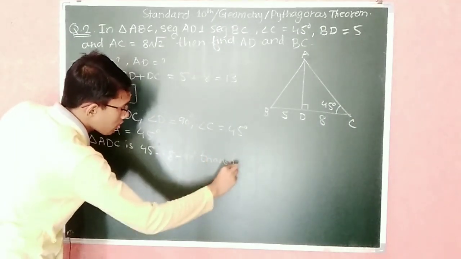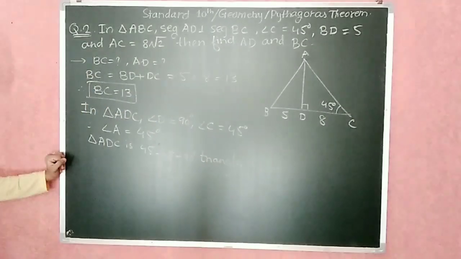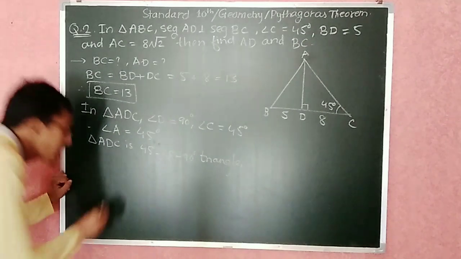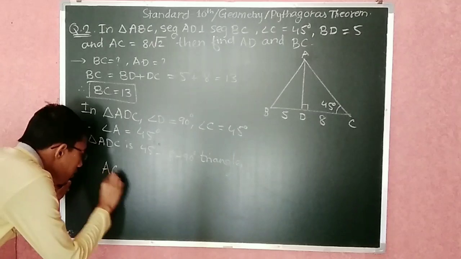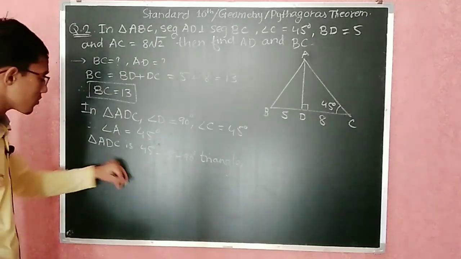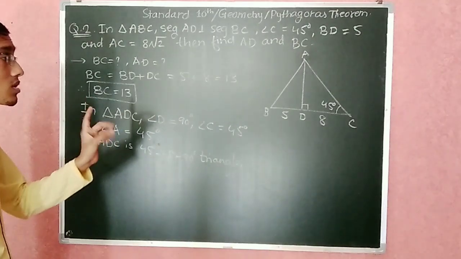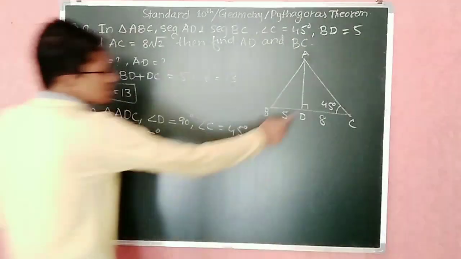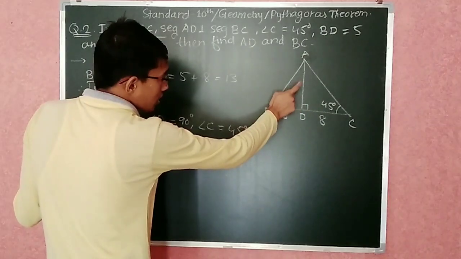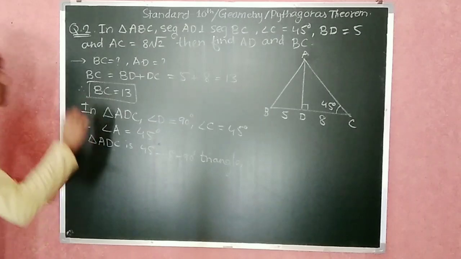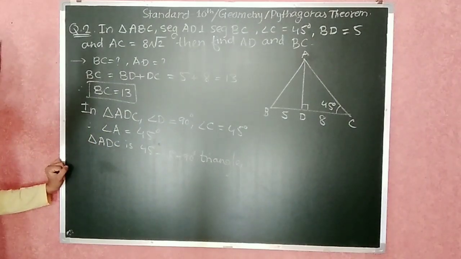So we can use the property of the 45-45-90 degree triangle. By using that property, we can state that the side opposite to the 45 degree angle is 1 upon root 2 times the hypotenuse.